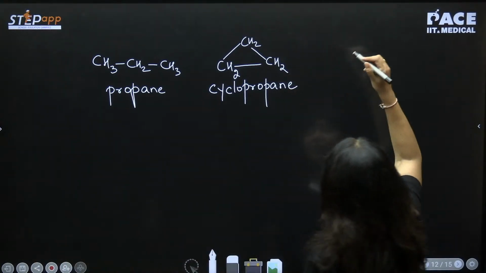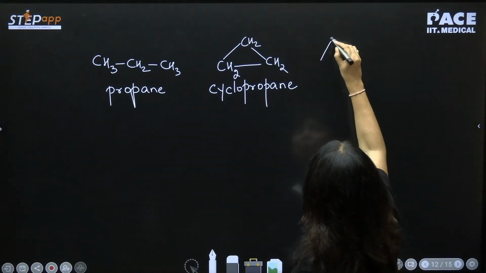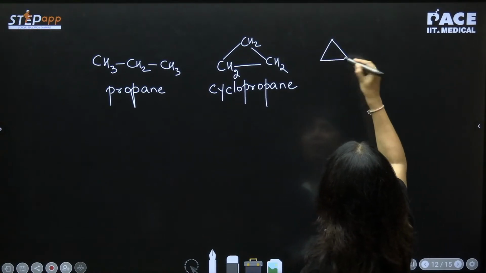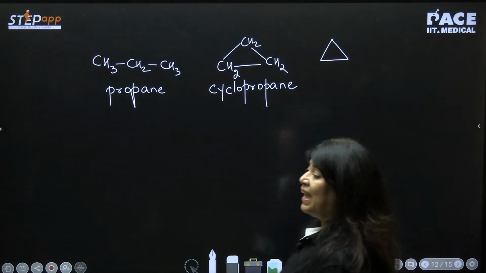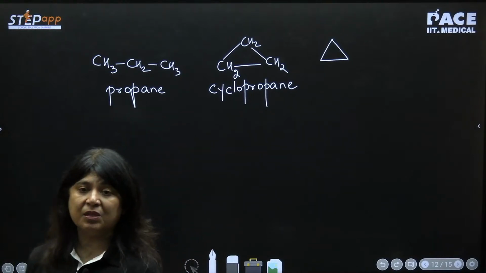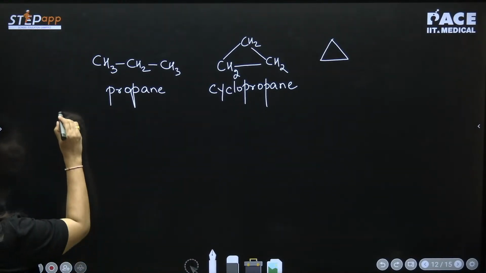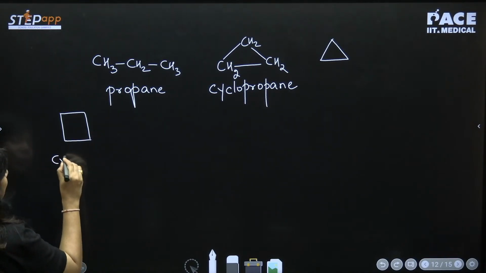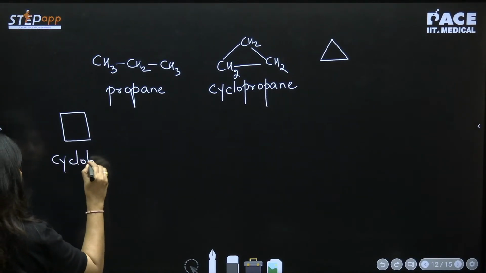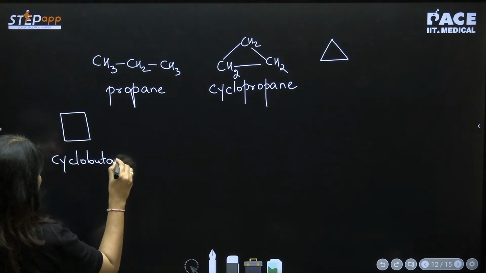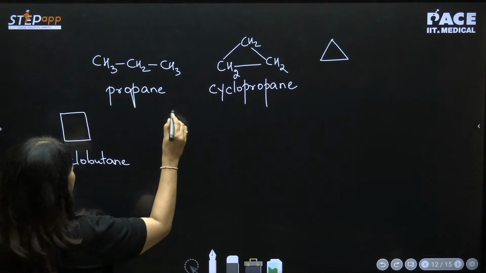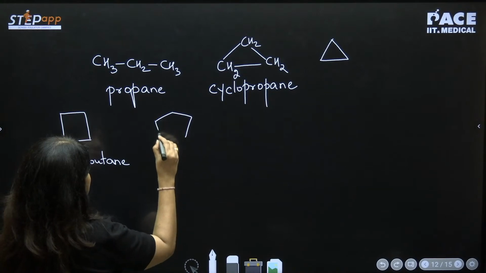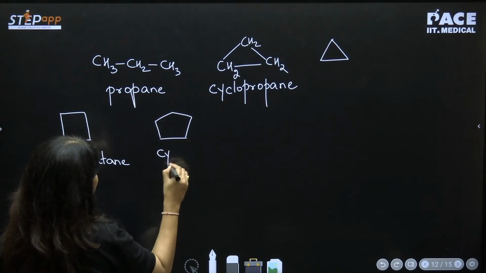The bond line for cyclopropane can be shown as a triangle. So a triangle represents cyclopropane in organic chemistry. A square would represent cyclobutane. A pentagon would represent cyclopentane.